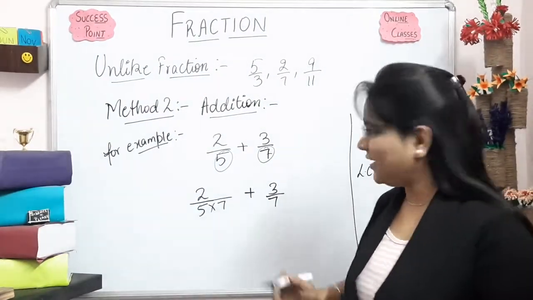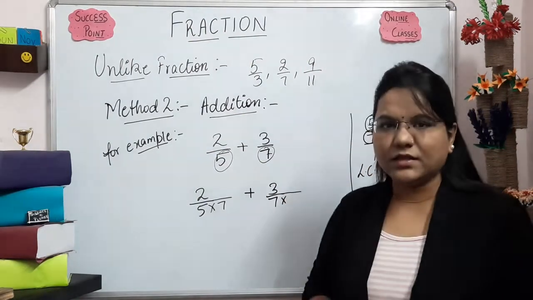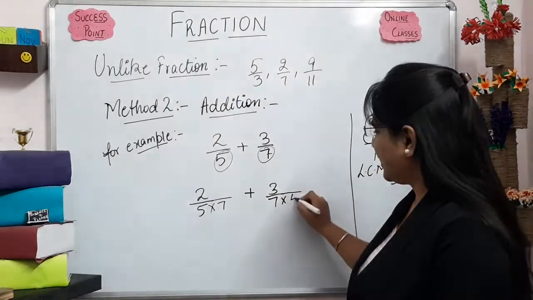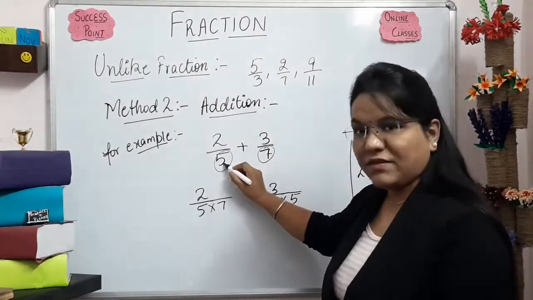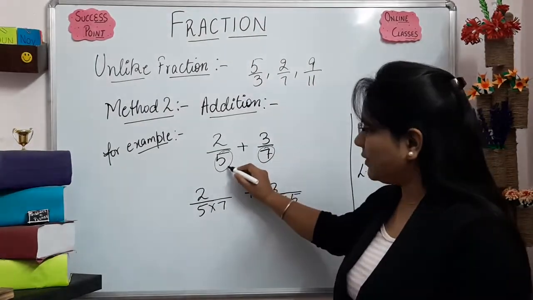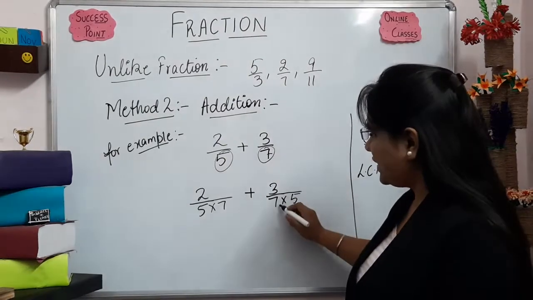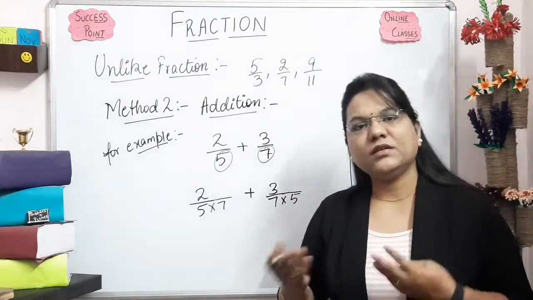The same on this side, 7 is there. If we multiply by 5, do we get 35? Yes, 7 5s are 35.